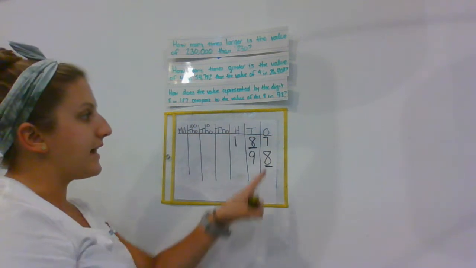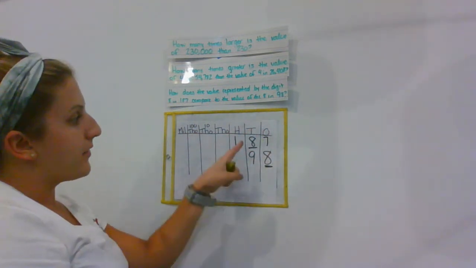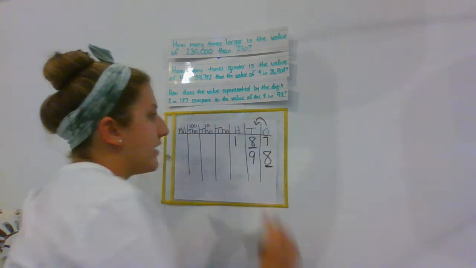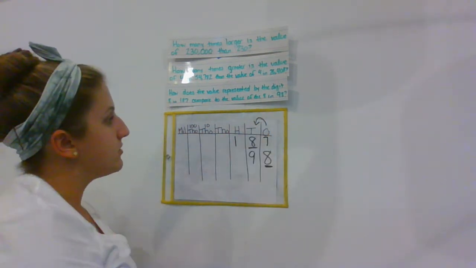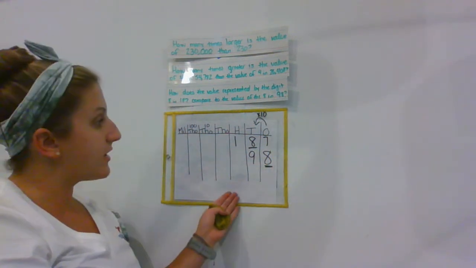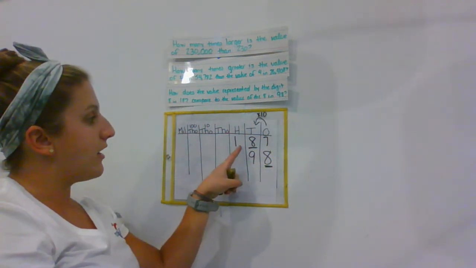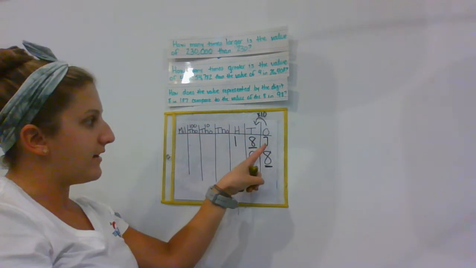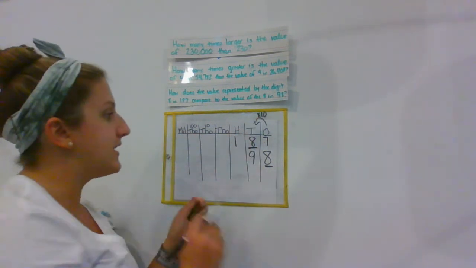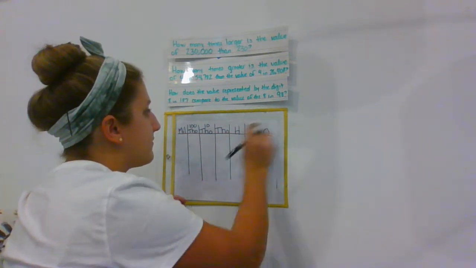And then I'm going to see how many times larger the first 8 is than the second 8. Here again, I'm going to draw an arrow over, and I'm going to say that this is times 10 larger. So the value of 8 in 187 is 10 times larger than the value of 8 in 98.